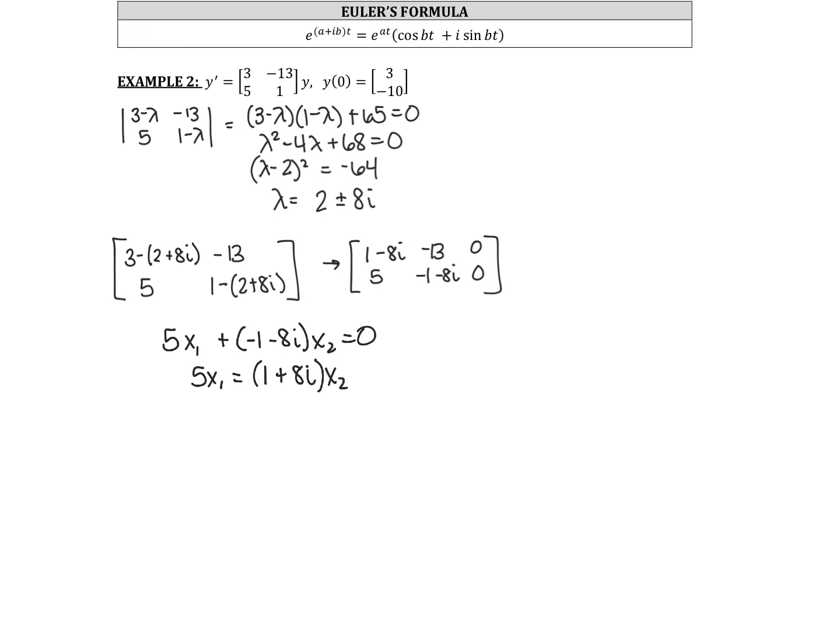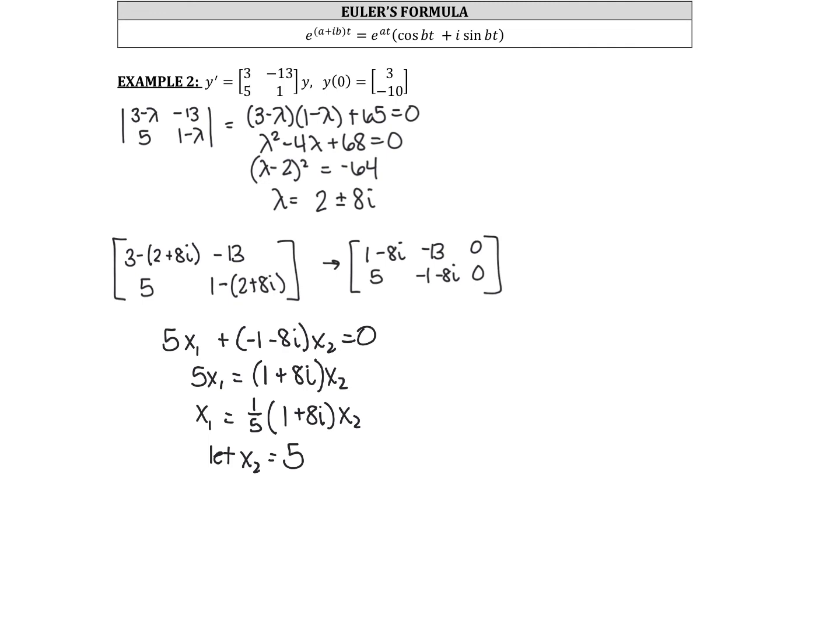Okay, so at this point, I have several options. If it makes your life happier, maybe we multiply like this to see it better. But what I'm going to do is I'm going to let x2 be 5. I'm choosing 5 so I don't have a fraction in my x1.